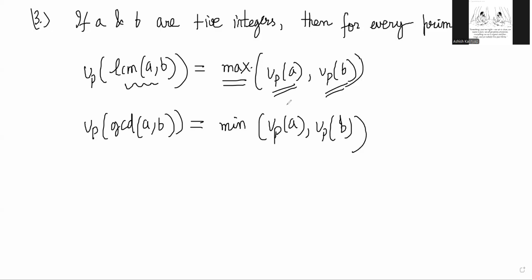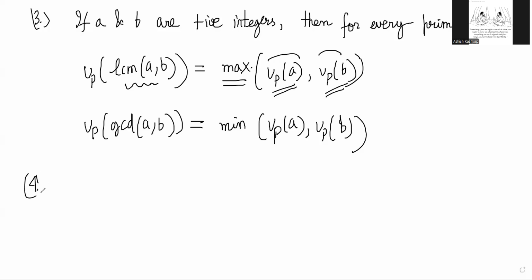Whichever one is the higher number, that is the value of V_p(LCM). Similarly, for GCD, it's the opposite because there you take the lowest possible common exponent, right? Noah, are you understanding?